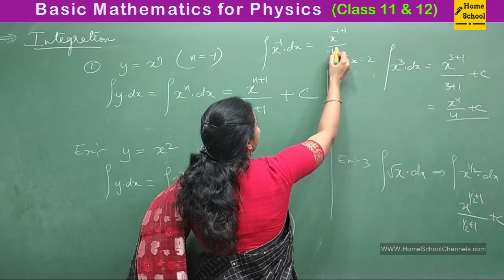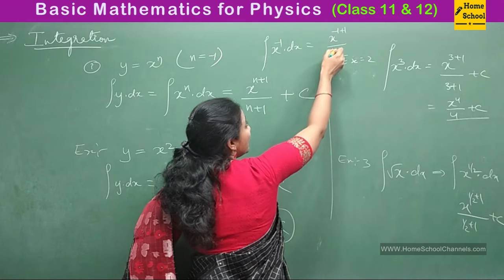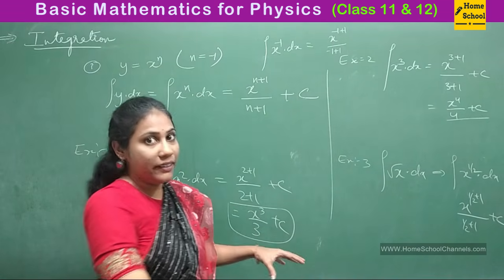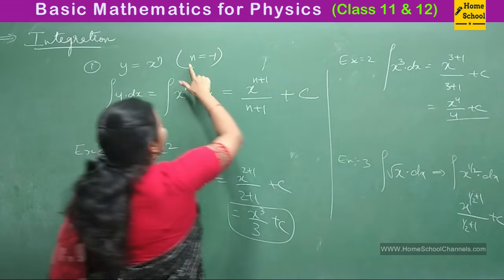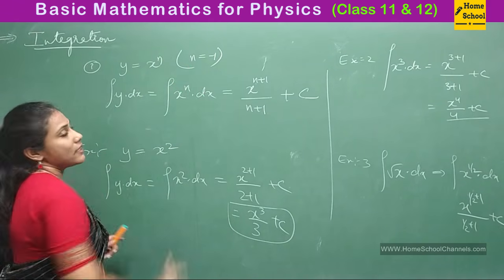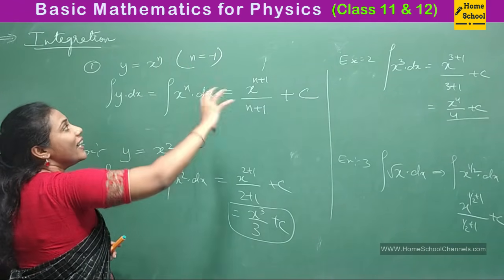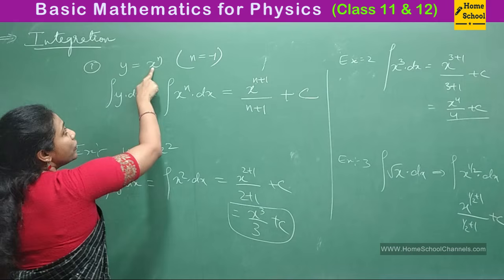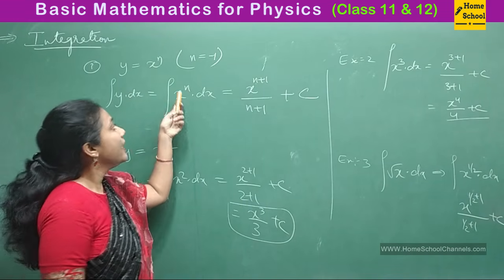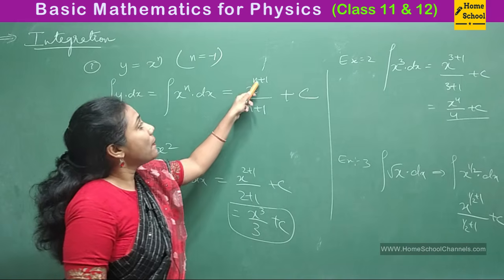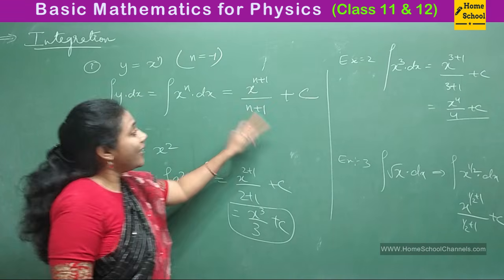Here minus 1 plus 1 means 0. Dividing by 0 is undefined, right? So you cannot use this formula when n is equal to minus 1. For all other numbers, you can use this formula. That is, integration of x to the power n is x to the power n plus 1 divided by n plus 1.